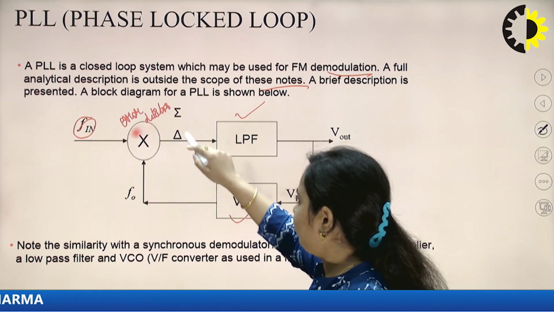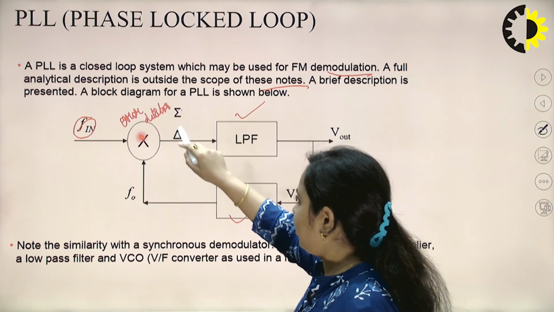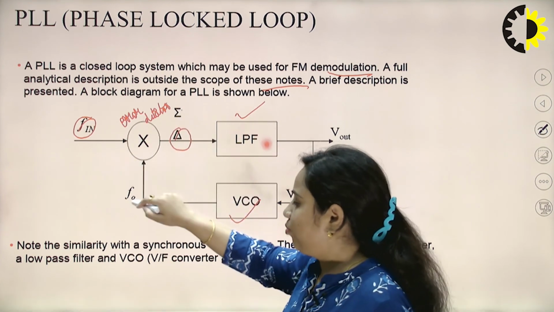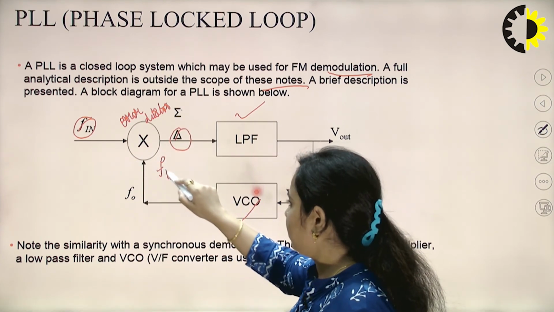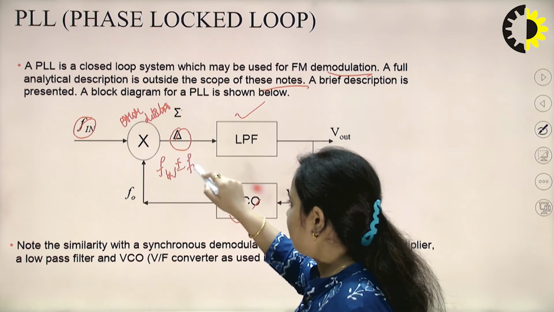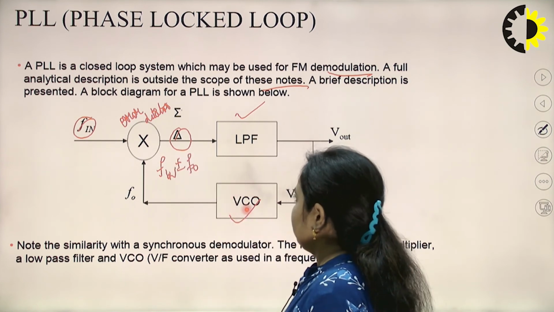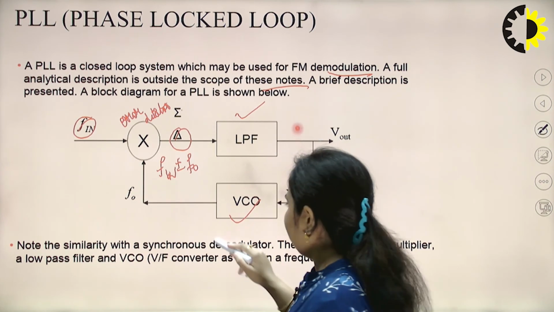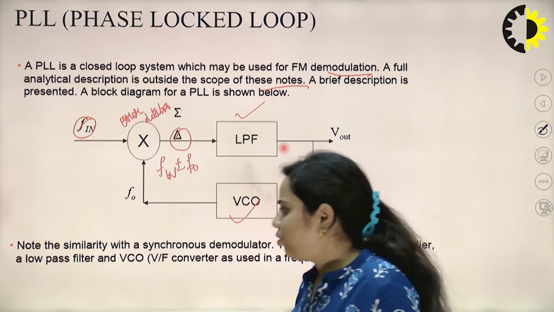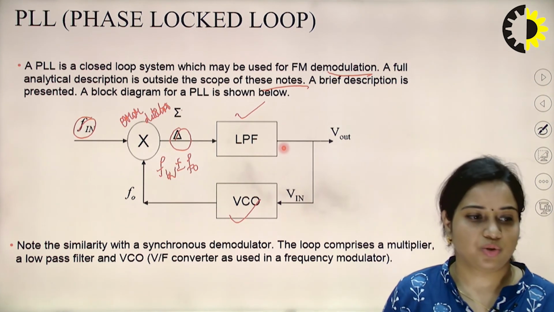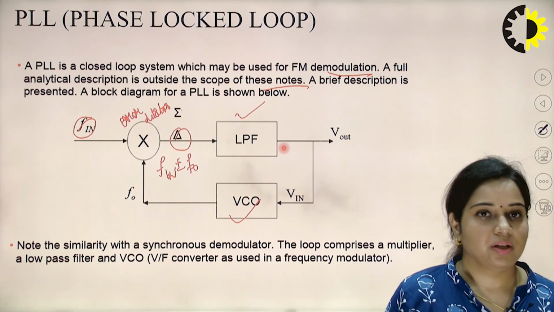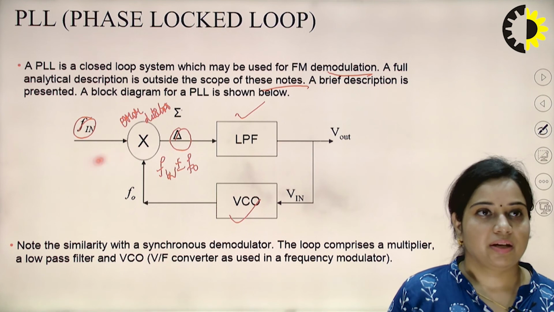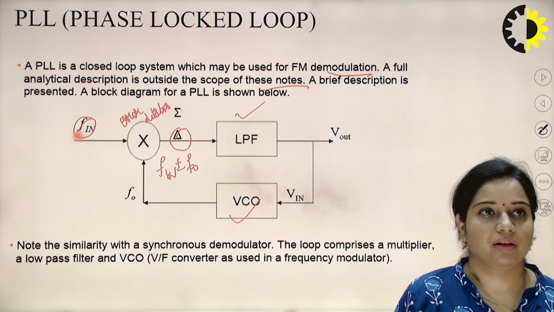The output will be either the summation or the subtraction of the two input frequencies, which means it can be FN plus minus F naught. The output of this will be applied to the low pass filter. Then in the feedback, using the voltage controlled oscillator, it has to lock at a particular frequency, that is the set frequency, that is known as PLL.